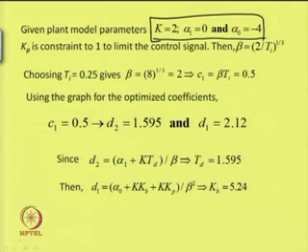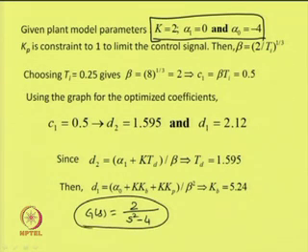Now, how does the process model look? G(s) is equal to 2 upon S square minus 4. So, we have a very difficult process, difficult in the sense the process has one pole in the right half of the S plane. Now, I can write this in the form of S minus 2 and S plus 2. So, we have a pole located in the right half S plane, therefore, we have an unstable process.